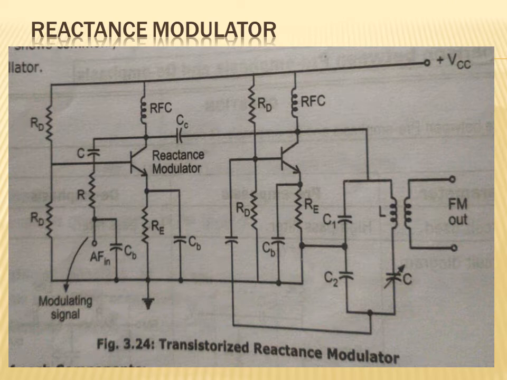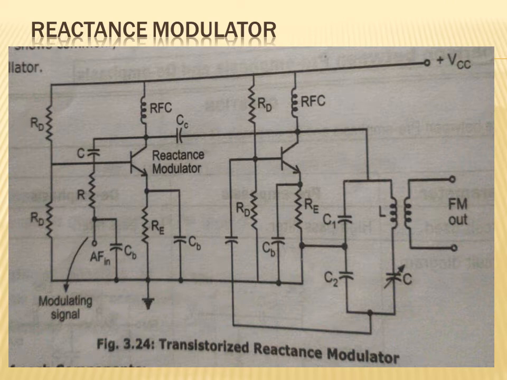The figure shows the circuit diagram for FM generation by using the reactance modulator. Plus VCC is applied to the collector terminal of both transistors.